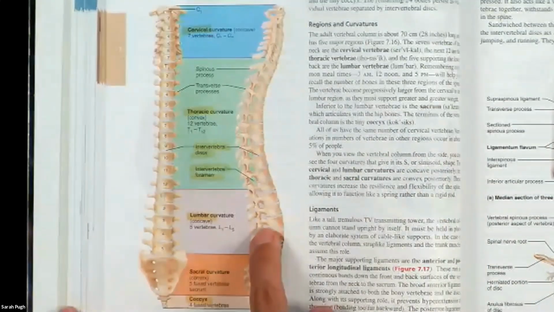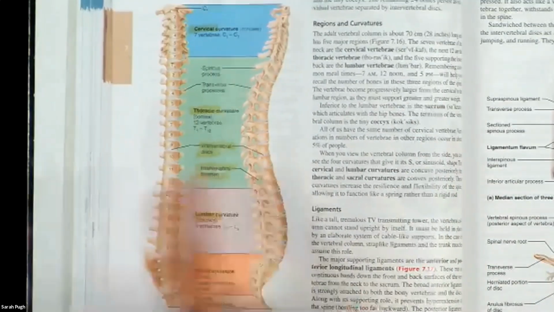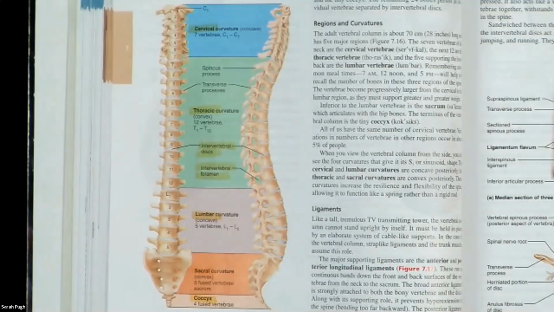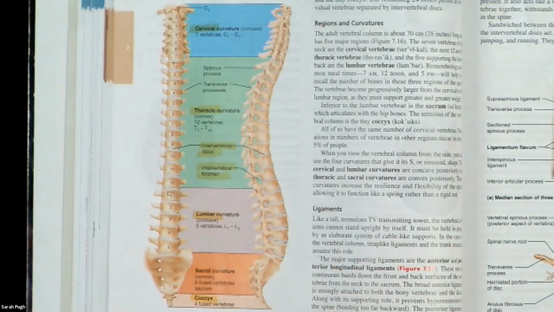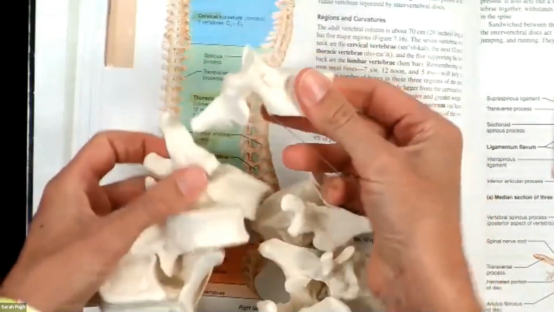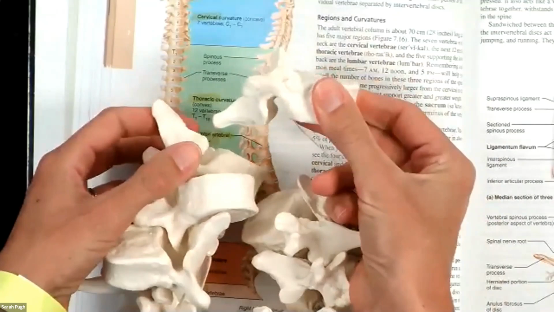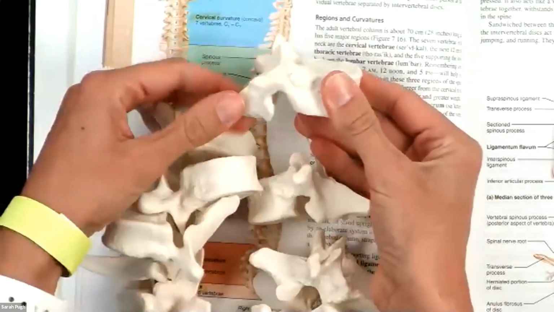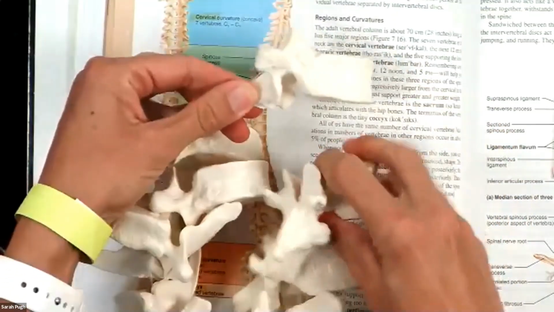You can only see those holes when you have at least 2 vertebrae stacked on top of each other. So just to give you an example, if I pull up a vertebrae right here, when we look at it from the side, notice you don't see that hole. You don't see the intervertebral foramen.